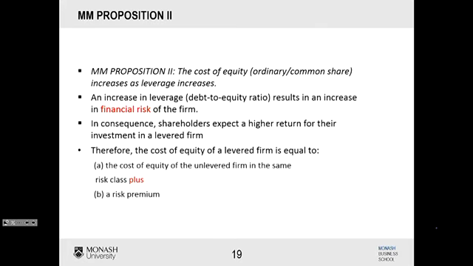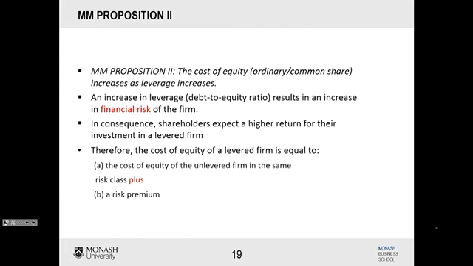So what proposition 2 in the Modigliani-Miller theory says is, under the perfect world, the government doesn't tax us entrepreneurs at all. No tax, no transaction cost, no information cost, and a change of the capital structure does not really affect the real investment policy.